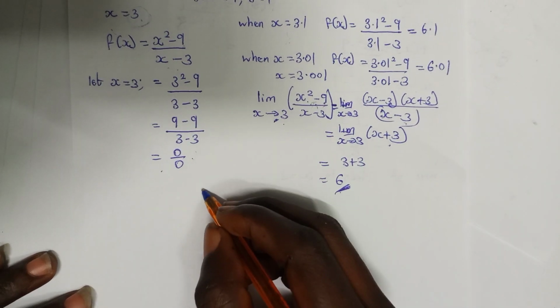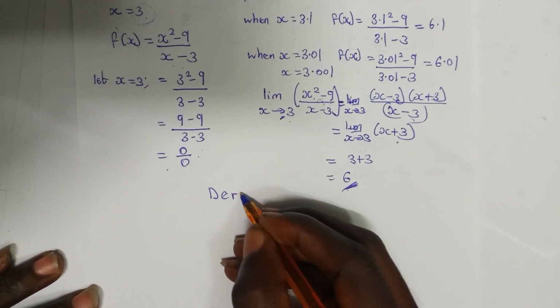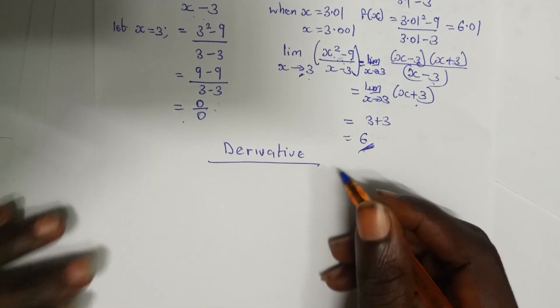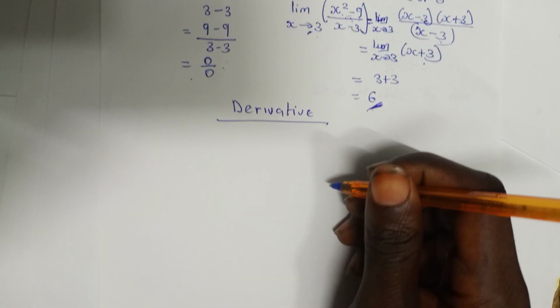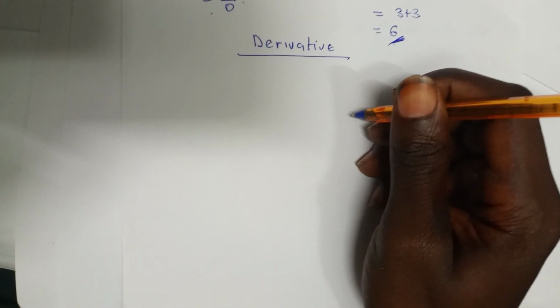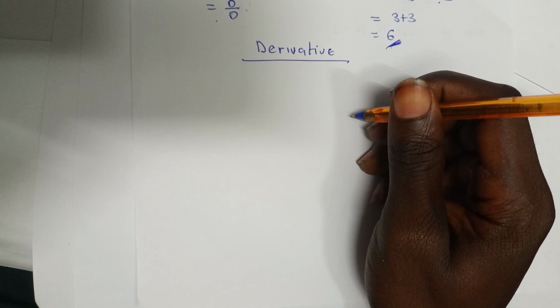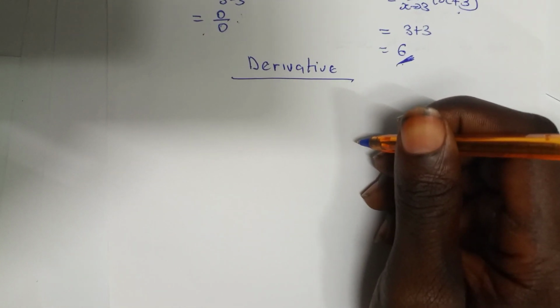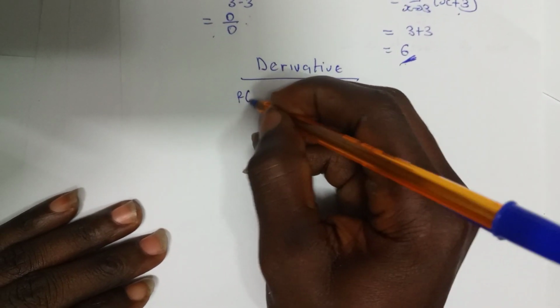Okay, we are moving to derivative. The derivative of a function gives you a function of the slope at some values of x. Let's say we have a function f of x.